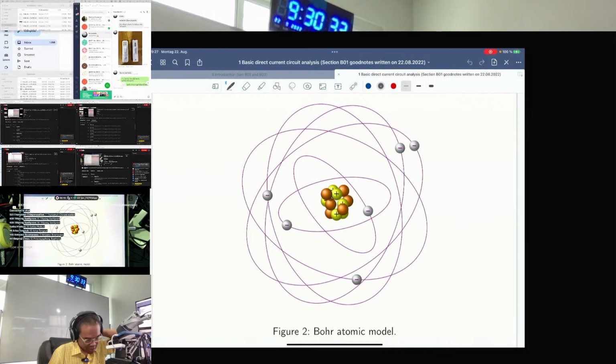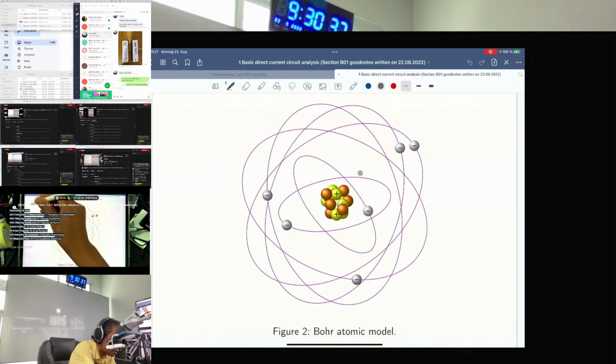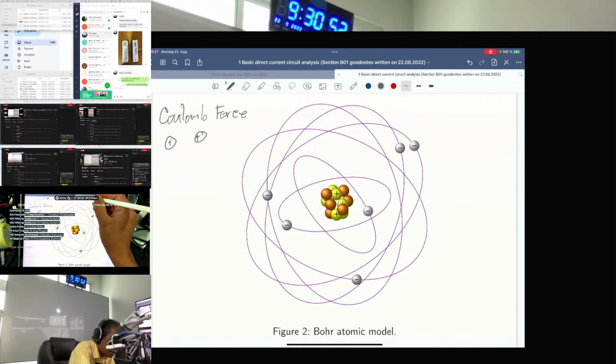You know that coulomb is the unit of charge, right? If you have positive charges like this, there will be a repulsive force.